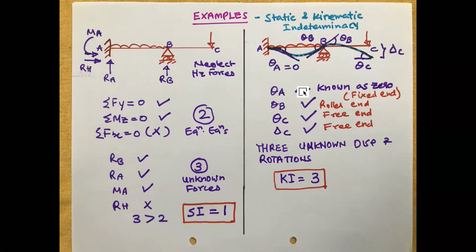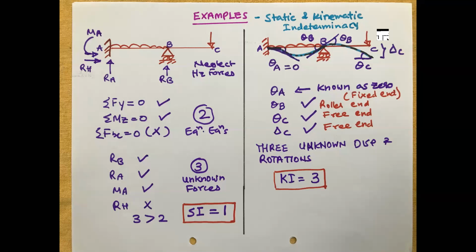So you can now write down theta A. I have not written delta A also. You can write here delta A. Theta A is known. I know the value. That means it is known. I don't have to worry about calculating it because it is 0. I know at support A, theta A and delta A are 0. So this cannot be considered as a kinematic indeterminate variable. This is a kinematically known variable, known, 0 value.